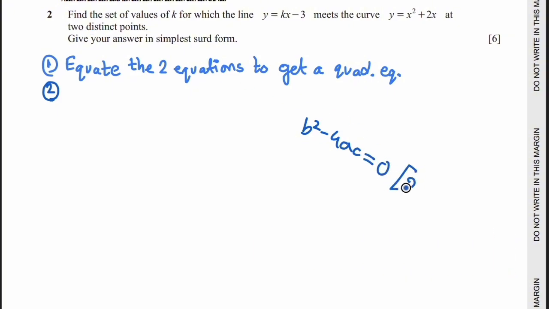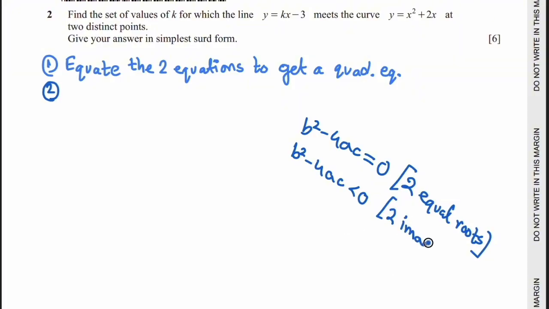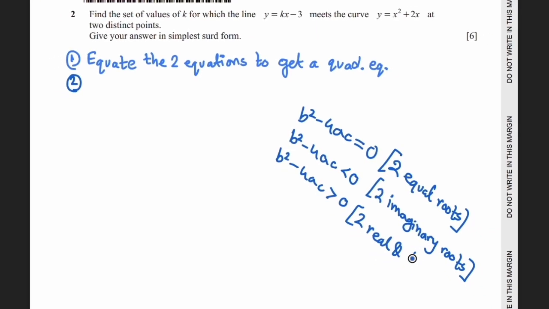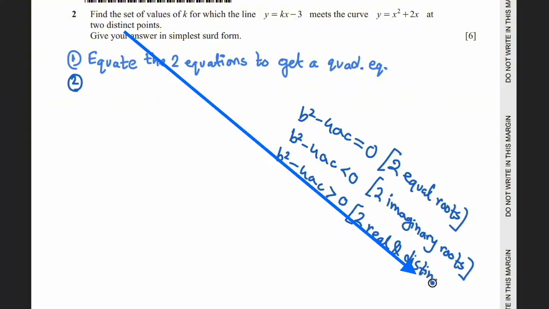This is for 2 equal roots, and b squared minus 4ac less than 0 for 2 imaginary roots. And finally, b squared minus 4ac greater than 0 for 2 real and distinct roots. I hope you know this.